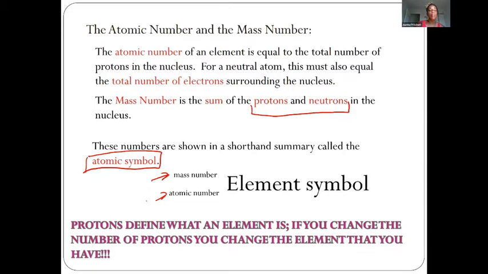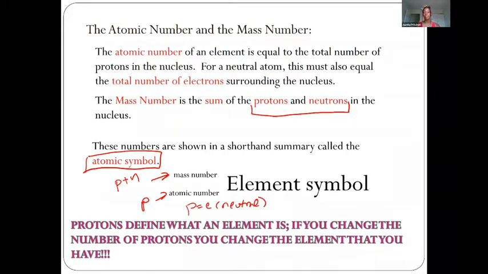Remember, your atomic number is the number of protons. The mass number is equal to your protons plus neutrons. And if we wanted to figure out the number of electrons, we would first look and see if it's neutral. If there is no charge associated with the atom, then the number of protons would equal the number of electrons.